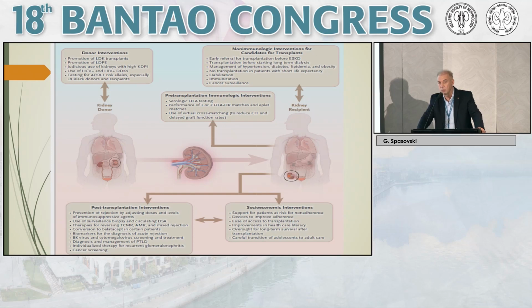Why? Because we all know that with living kidney donation there is much longer graft survival. This is certainly a procedure of choice, but not every one of the patients who are in need of transplant can have a living donor.